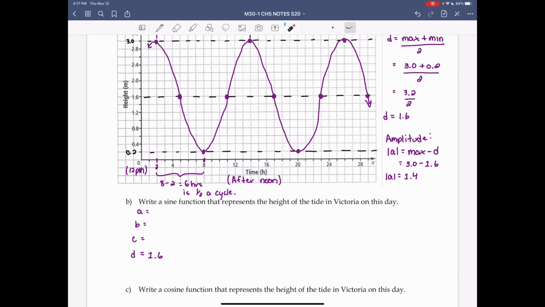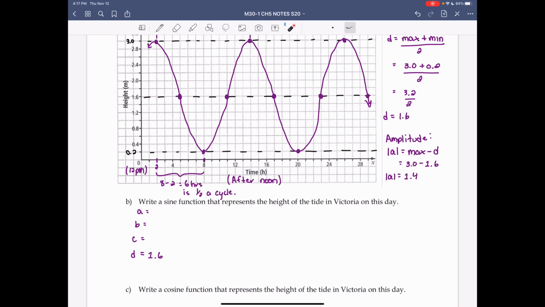Then if I look at the direction that the graph is going and compare it to y equals sine x, for y equals sine x, we have a midpoint at the y-intercept. So let's say that this point started as the y-intercept of y equals sine x. Then it would have been shifted horizontally to get here.